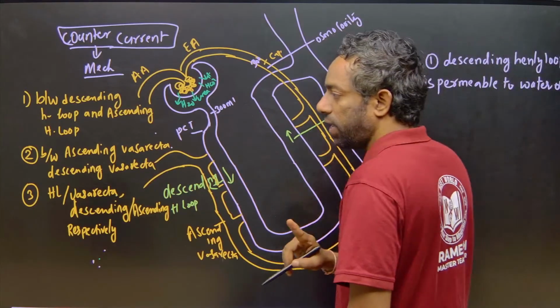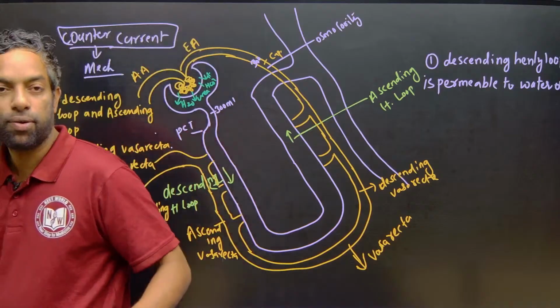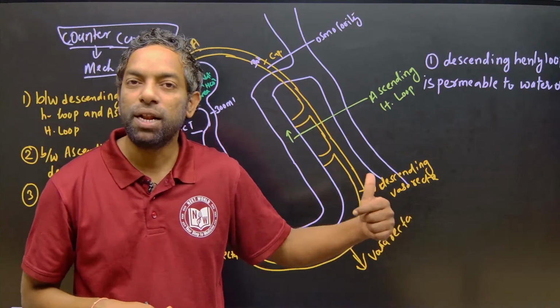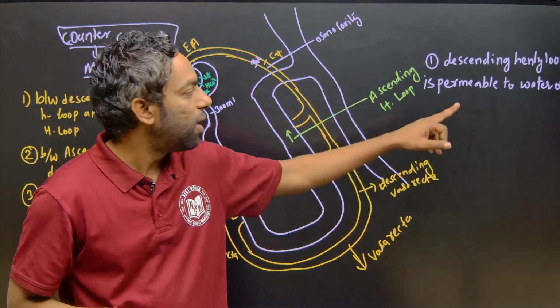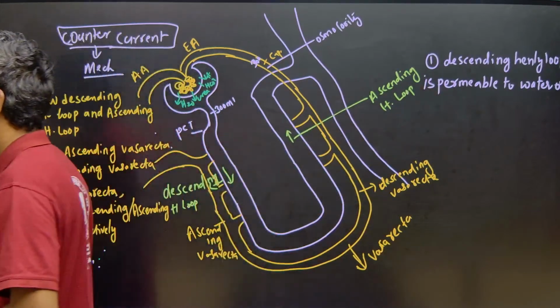Only water. Note the word only: no ions are permeable here in the descending limb of Henle.